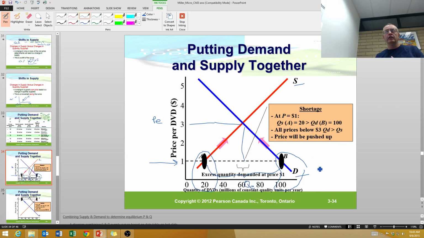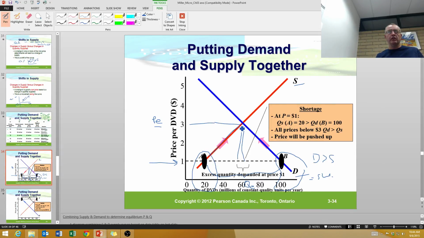Quantity demanded is greater than the quantity supplied. So there's a shortage. Markets don't like shortages, but anyways, we'll come back to that in a minute. So what's going to happen here is that the price is going to have to increase, and the price will gravitate towards the equilibrium price. And as the price increases, the suppliers are going to supply more.